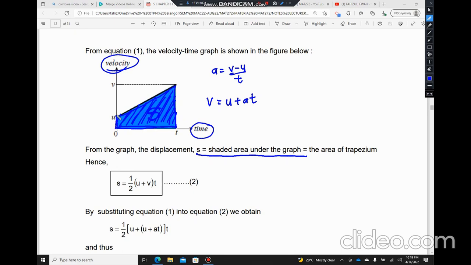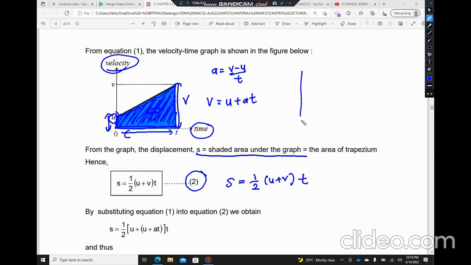Formula untuk trapezium, kita tambahkan dua side, u kat sini, and then plus v, panjang sini dengan panjang sini. So half u tambah v darab dengan tinggi, darab dengan t. So you get equation number 2.